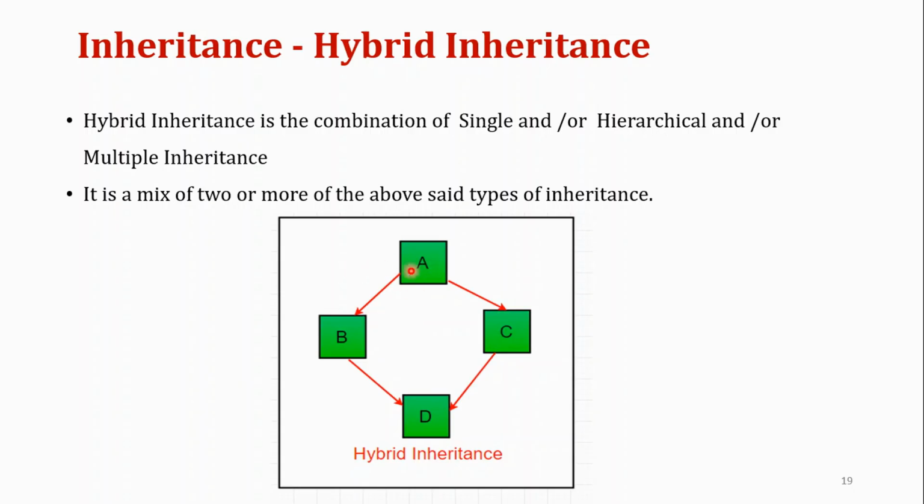If you cut class A, class D is getting from B and C, so that is multiple. If you cut class C, then A, B, D is multi-level. So you can have multiple, multi-level and hierarchical inheritance altogether in a hybrid inheritance.